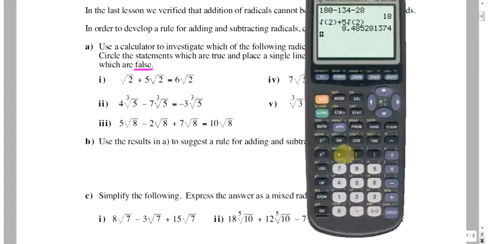And let's see if that's equal to my answer. 6, well, I don't want to do that. I want to go 6 times root 2. On this calculator, we don't have to put the times in there. Now, do we think that's the same thing? Yeah, we've proven it. Okay?